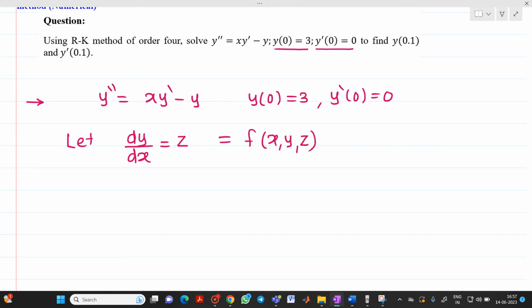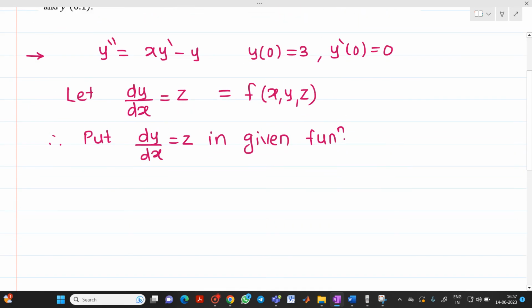Now what we will do? Therefore put dy by dx equal to z in the given function. Now what is our given function? Y double dash is nothing but d square y by dx square, which we can write as dz by dx, because if we take the second derivative d square y by dx square, we get dz by dx.